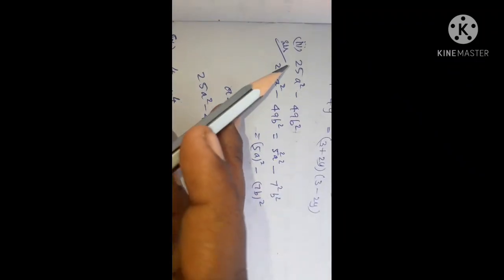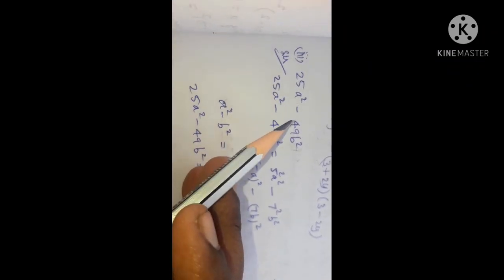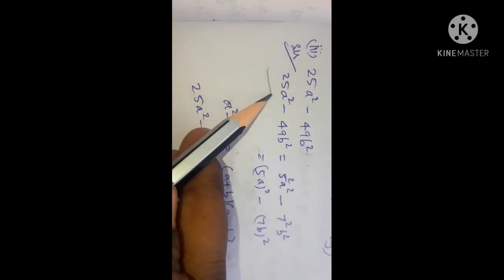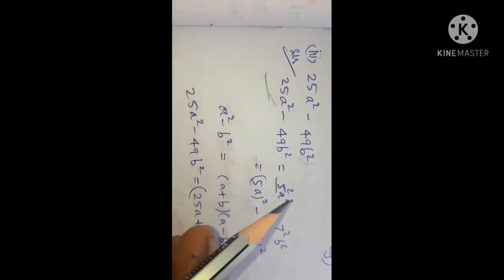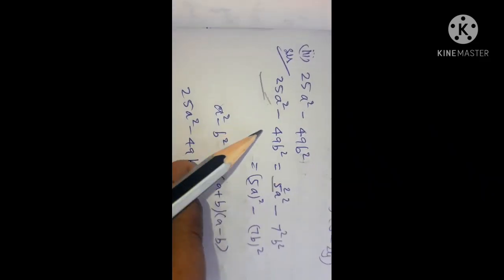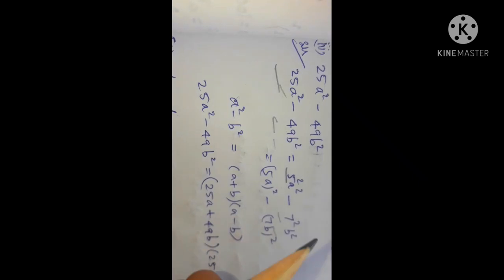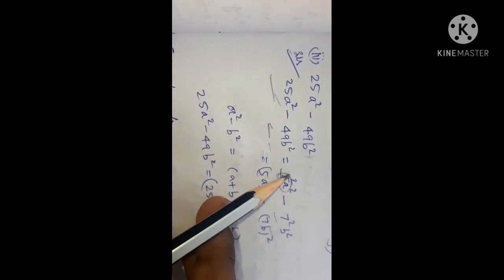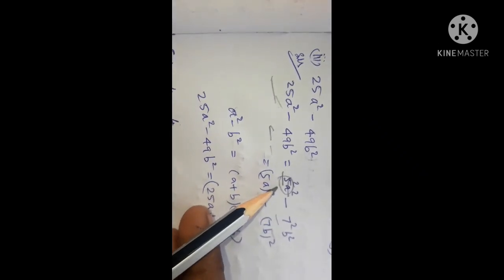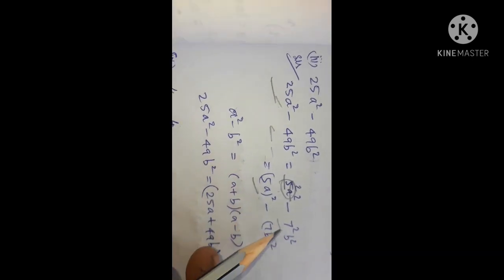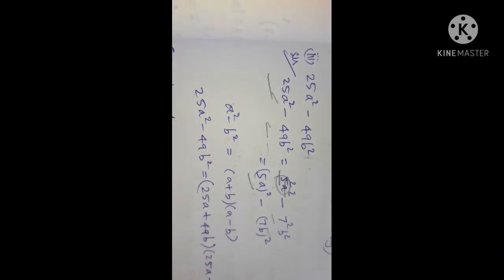That's it. Then 25a square minus 49b square. Now 25 can be written as 5 square, and a square can be written as a square itself. Then 49 can be written as 7 square, and b square as b square itself. Now I already told you, when the powers are the same and it is in multiplication, you can put it in the same place, which is (5a) whole square minus (7b) whole square.